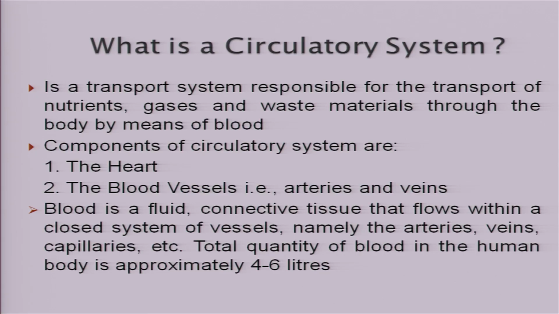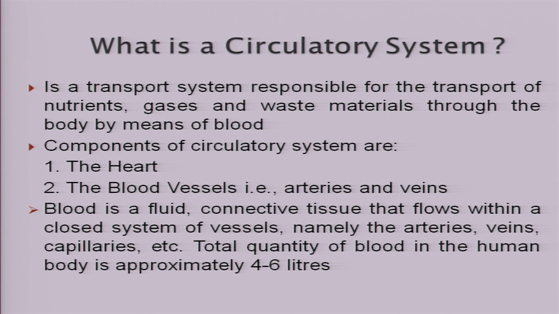So let us begin. What is the structure or what is the function of cardiovascular system? In our body, we have a pumping system that is known as heart, and this is the major component of our circulatory system. The major function of the circulatory system is to transport nutrients, gases, and waste materials within the body by means of blood.